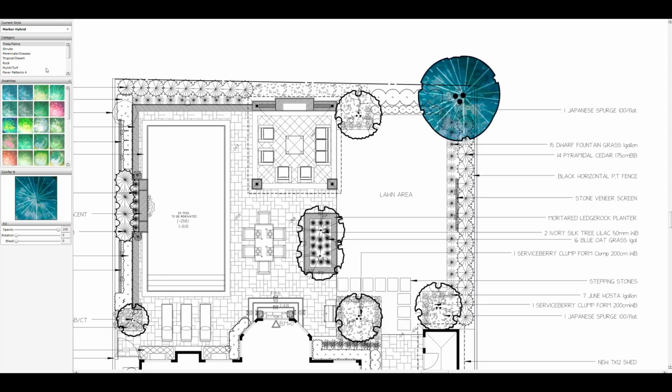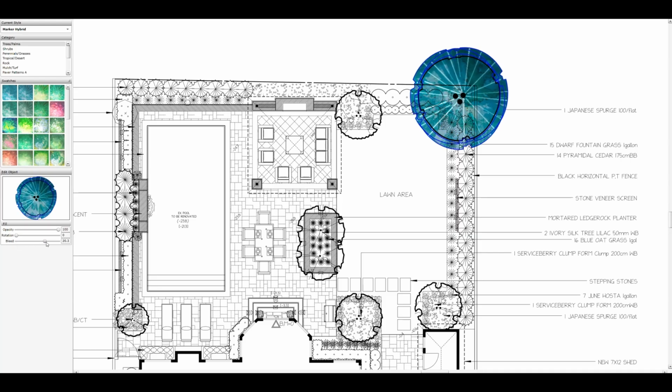All right, I'll fill this in, select this. Opacity is going to make it easier to see what's below. Rotation is kind of fun. And then bleed is going to make the swatch extend beyond the boundaries of the figure, so you can see it kind of grows and spills out. So if you wanted to do an overgrown tree kind of look, you could use the bleed a little bit.